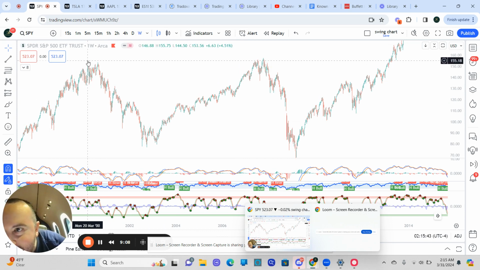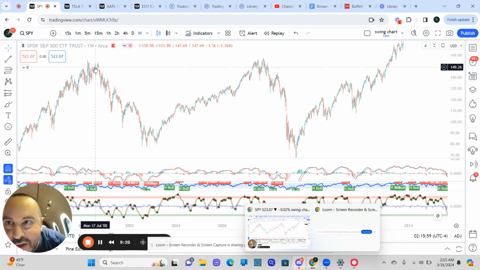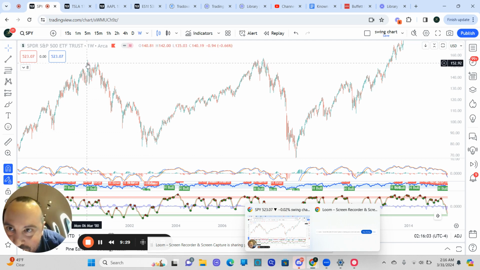So here we go. All right, the beginning of 2000. This is March 2000. I think our indicator came in like January, February, right? So look at that, not the exact tippy top, but the top. So that indicator called the top there, right?